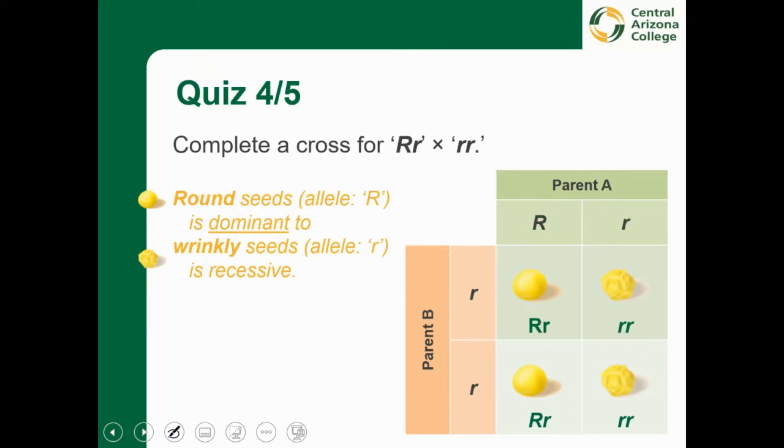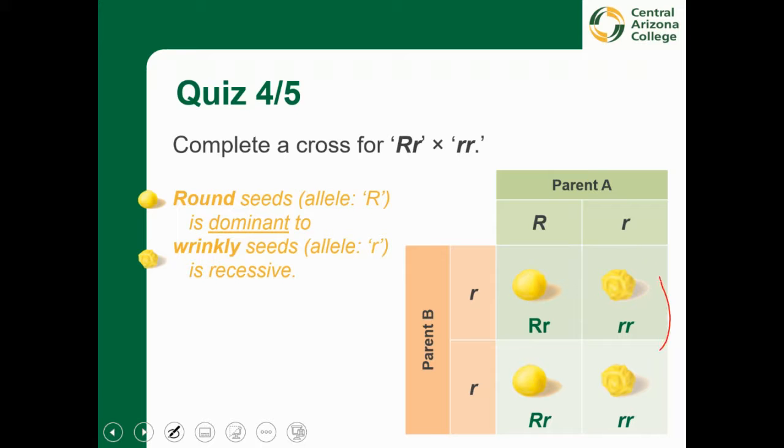So, a little bit tidier write-up from what we just did. We are getting a 50-50 chance of a phenotype that appears as rounded seeds, and the other 50% is going to be wrinkly. The genotype is going to be 50-50 for heterozygous versus homozygous recessive.